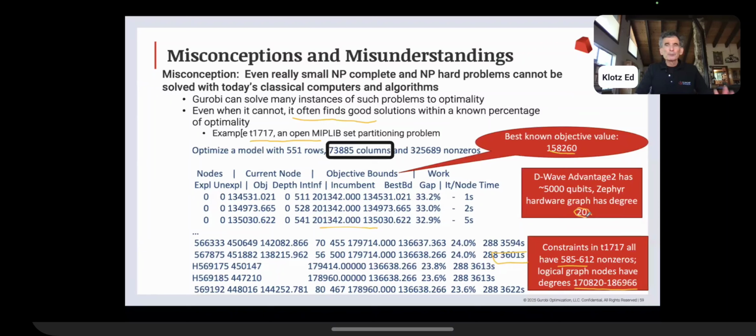And again, if you stick around for the hardware graph connections, you'll see that basically what this is saying is unless the experts in the quantum annealer community have come up with a lot of really impressive tactics, I suspect that this problem is currently too big to solve on a quantum annealer, and it will probably be a while before this one can be solved. But again, I'm not an expert in every possible way to get QUBOs to solve bigger problems. So I may be missing something there.